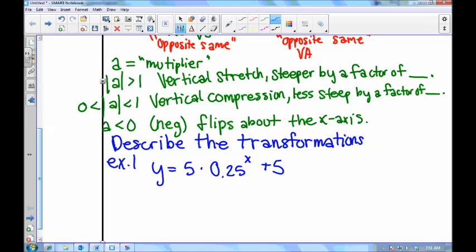Now if you want, you can put parentheses in. They weren't written in the book, but where would parentheses belong? Around the 0.25, yeah. So you could put parentheses right there if that makes it easier for your eye to see where everything is.